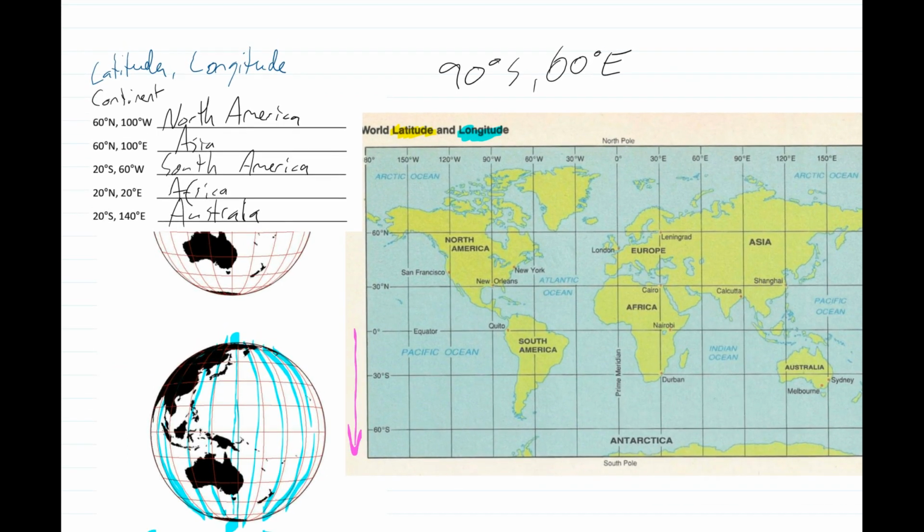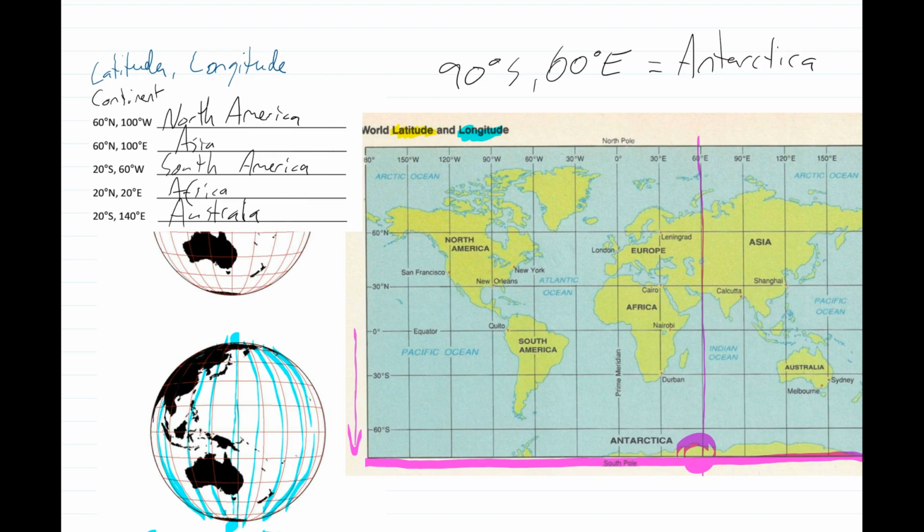See, 0 down, 30 down, 60 south, 90 degrees south. It's going to be right down at this place here. That's called the South Pole. And then 60 degrees east, well, we know where that is. That's going to be over here. So what continent is at that location? It's Antarctica. Okay, that's latitude and longitude.